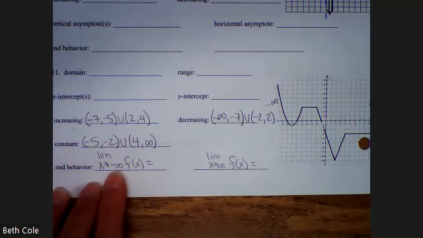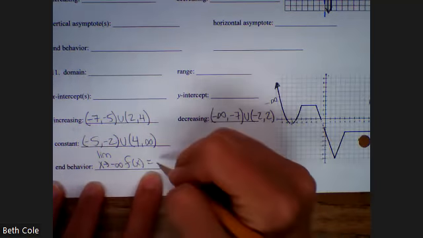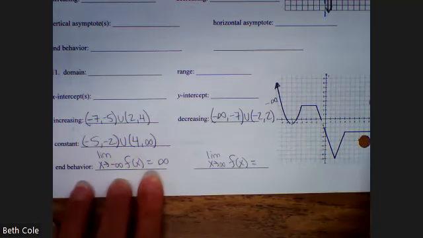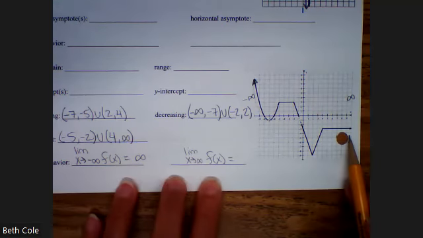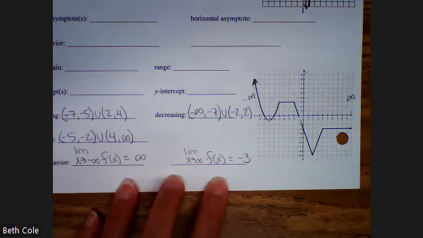So it's either up, down, or leveling off. Those are the only 3 choices. Where is the left arrow going? Up. So we will say positive infinity. And where is the right side? -3. Again, it's either up, down, or levels off. Those are the 3 options.